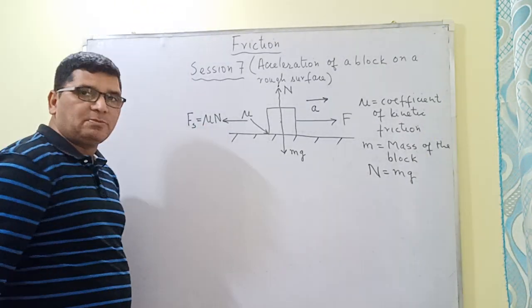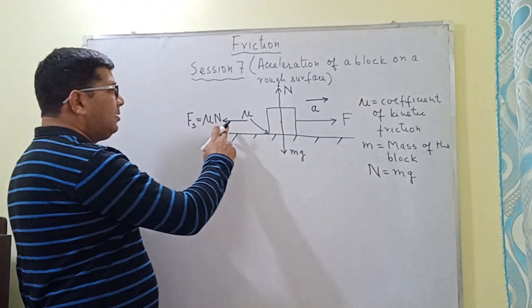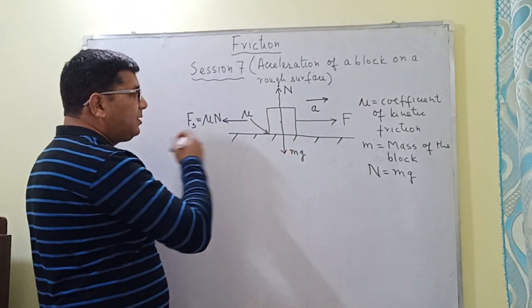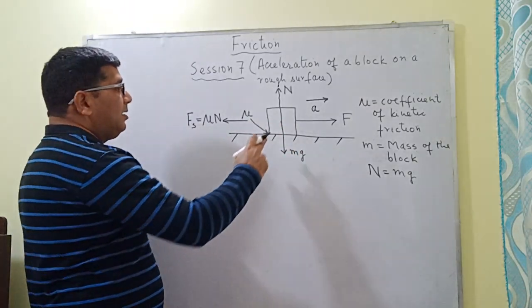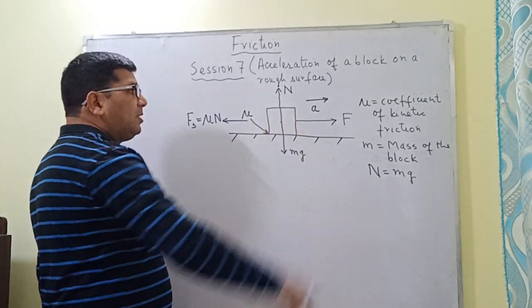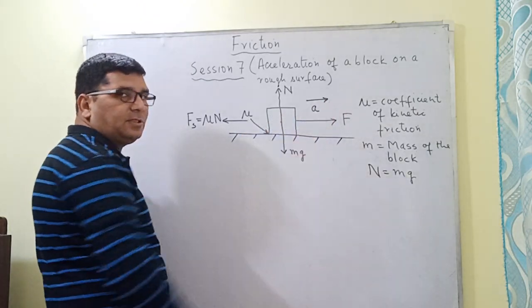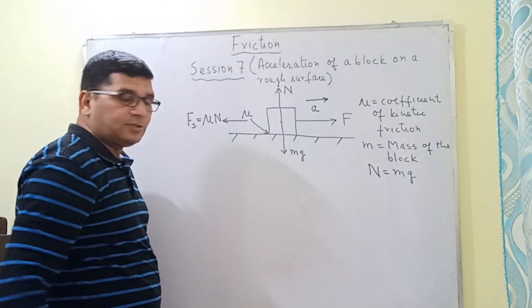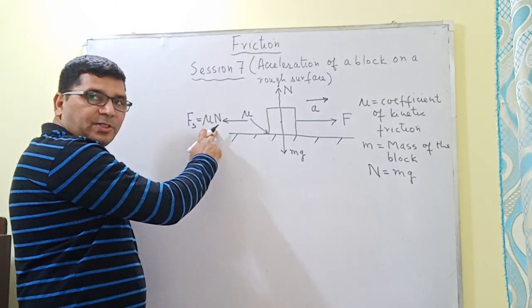That is, it is the maximum value of the frictional force which will be generated when this block moves in this direction as indicated by this arrow.